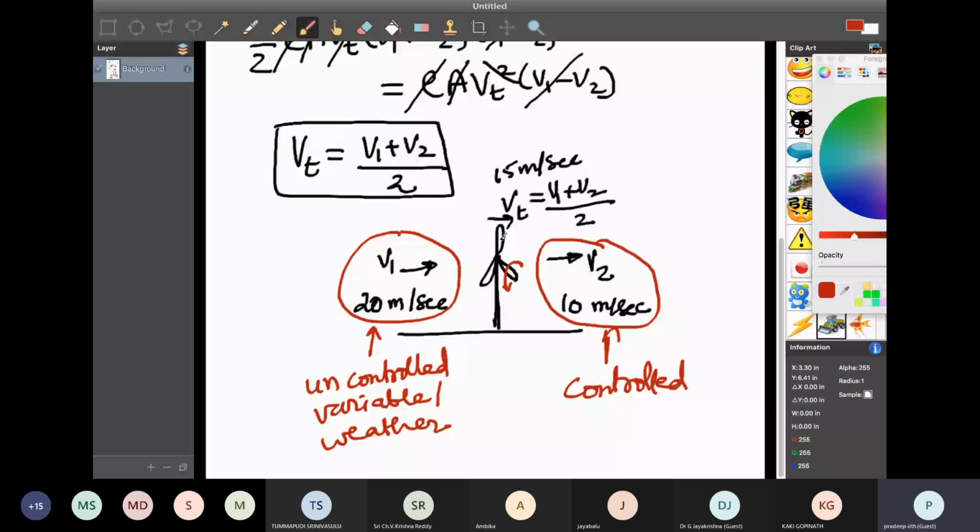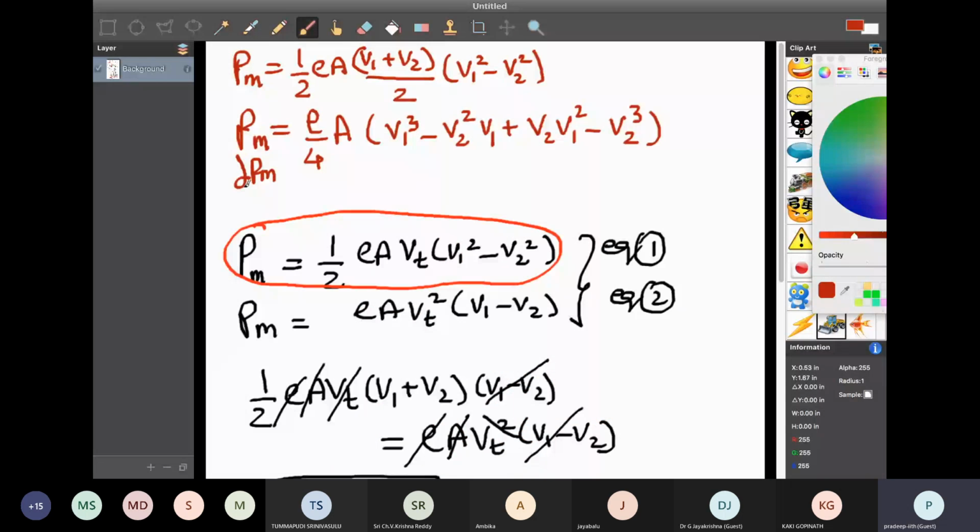And if the blades are rotated such that they are more obstructing the wind, then V2 will be less. So by controlling the pitch angle, I can control the value of V2. Because V2 is a controlled variable, I can go for the differentiation of Pm with respect to V2.